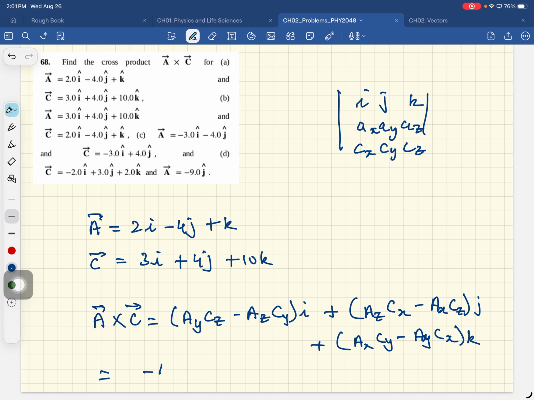AYCZ minus this. So that's 4 minus minus 40. So that's plus 44I. I have trouble with this one. Who wants to help me with this one? AZCX. That's 20 minus 3, 17.